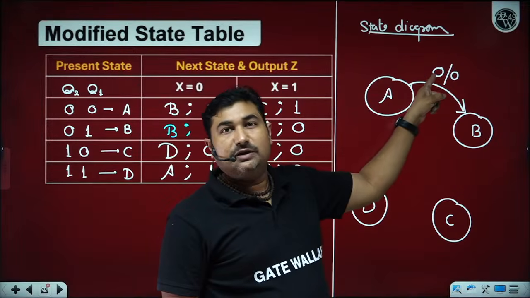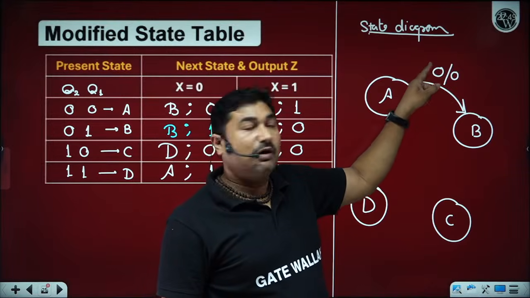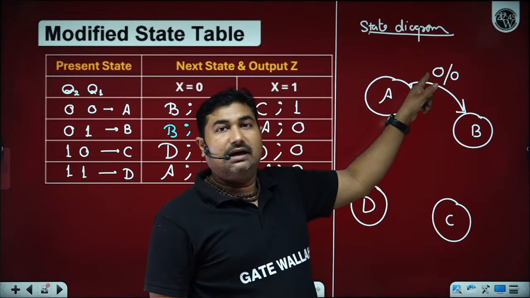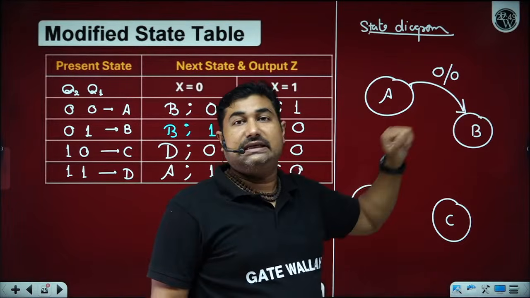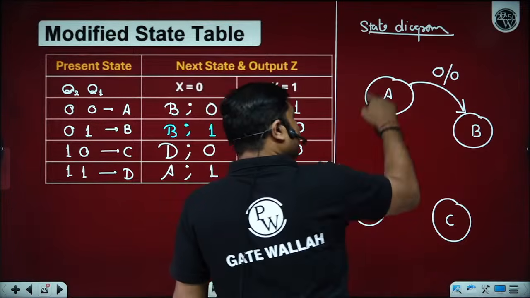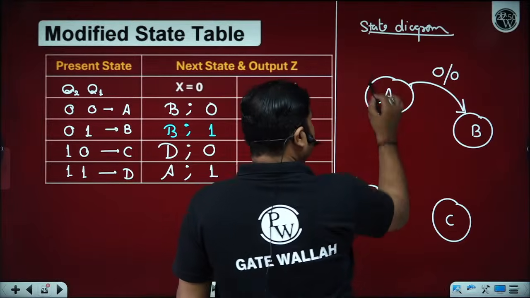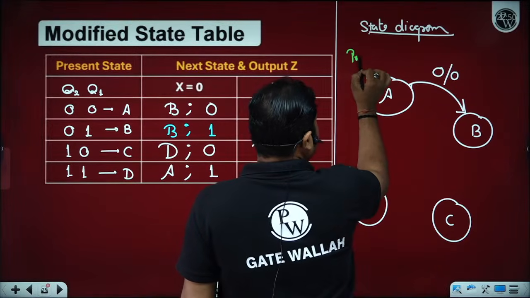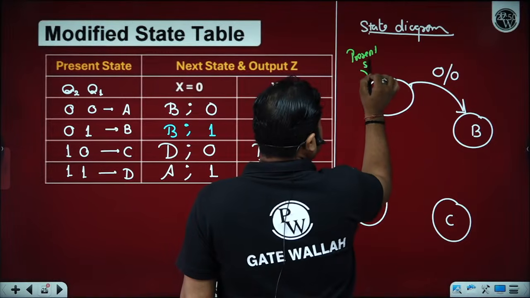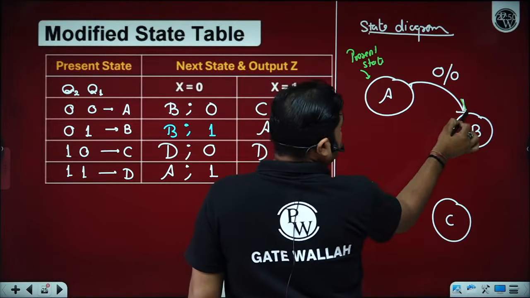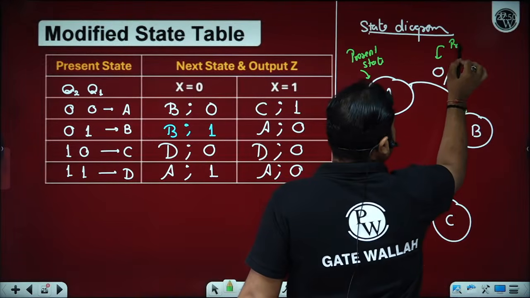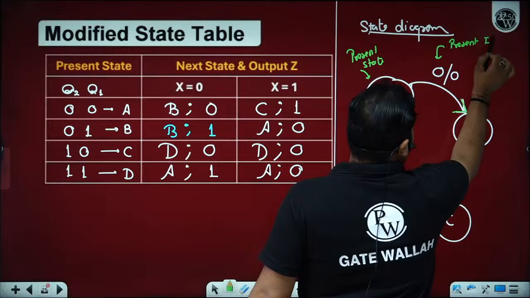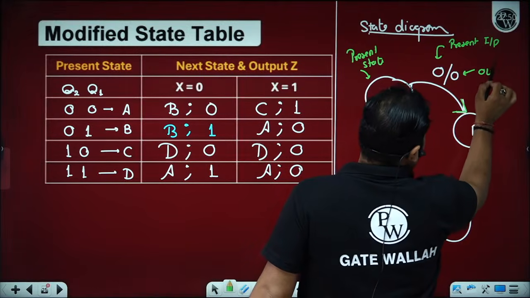First of the oblique, the numerator part indicates input, and the denominator part indicates output. This is your present state. Arrow indicates going towards next state. This is your present input, and this is your output.